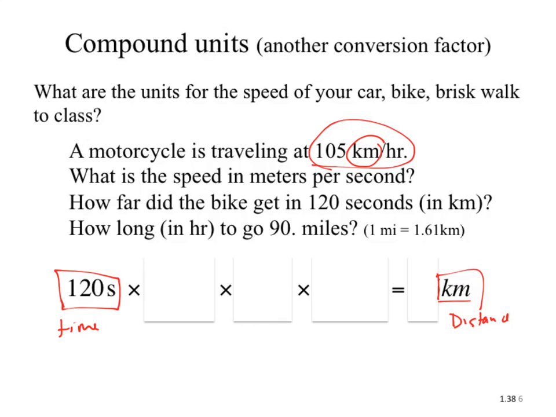What is kilometers? A distance. What is hours? Time. That factor allows us to convert between time and distance. What are we trying to do in our conversion? Convert between time and distance. It is there for us. It's maybe buried in a bunch of other units, but it is there.